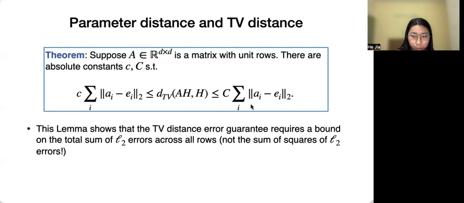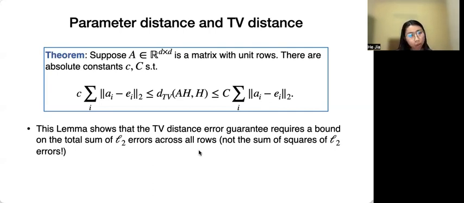So here we compare A with the identity matrix. This is the L2 distance between each row of A and I. The TV distance is bounded by the sum of these L2 norms. Both small c and capital C are absolute constants. So this is a tight bound.